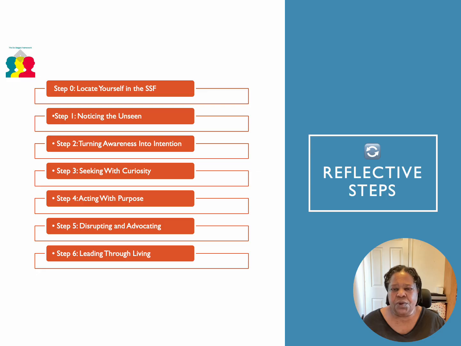Then each week, we explore one of these reflective lenses, like noticing the unseen or acting with purpose. And these steps are not fixed stages. They're practical, repeatable mindsets you can use at any point in your journey. So wherever you are on the 6 Stages Framework, these steps help you to grow in your journey.